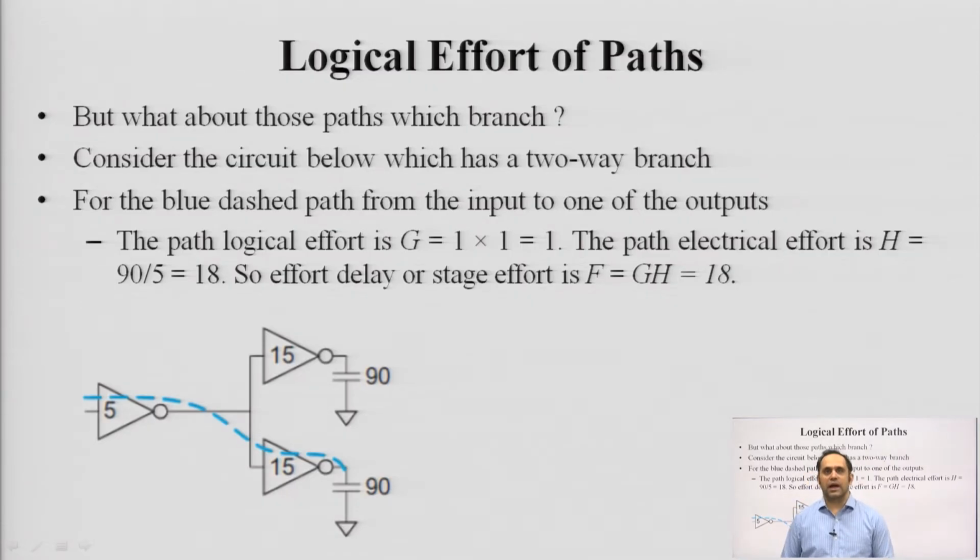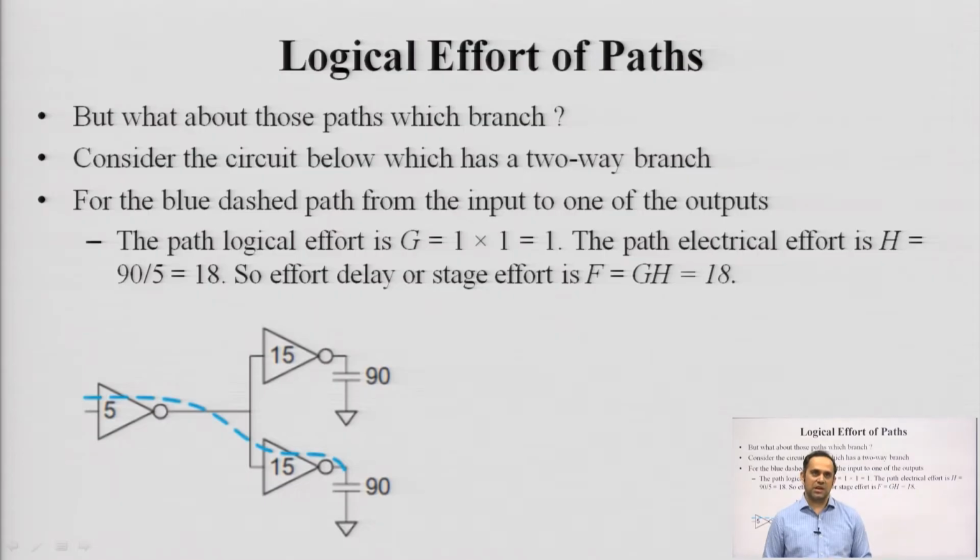Okay. And then you can do the same for the parasitic delay of the path, and then add these to the product and the parasitic delay, and you will get the normalized delay for the path. Okay. But signal movement may not be that straightforward, there can be branching also.